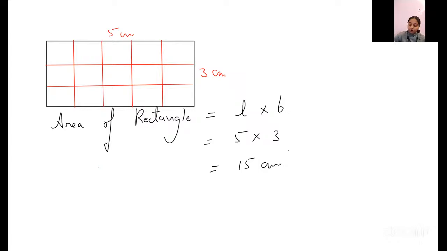Can you see 15 boxes in the diagram? Yes, right? 15 boxes are there of 1 square centimeter each.